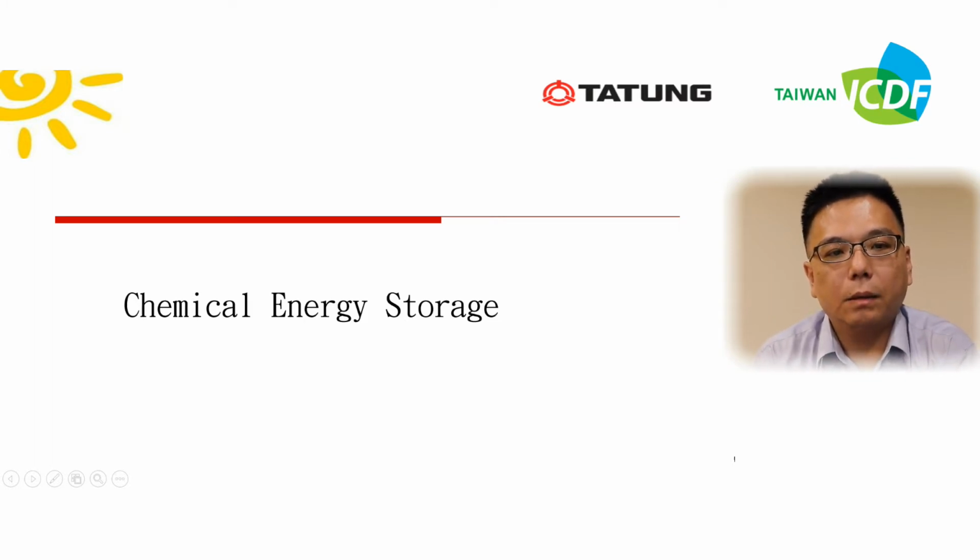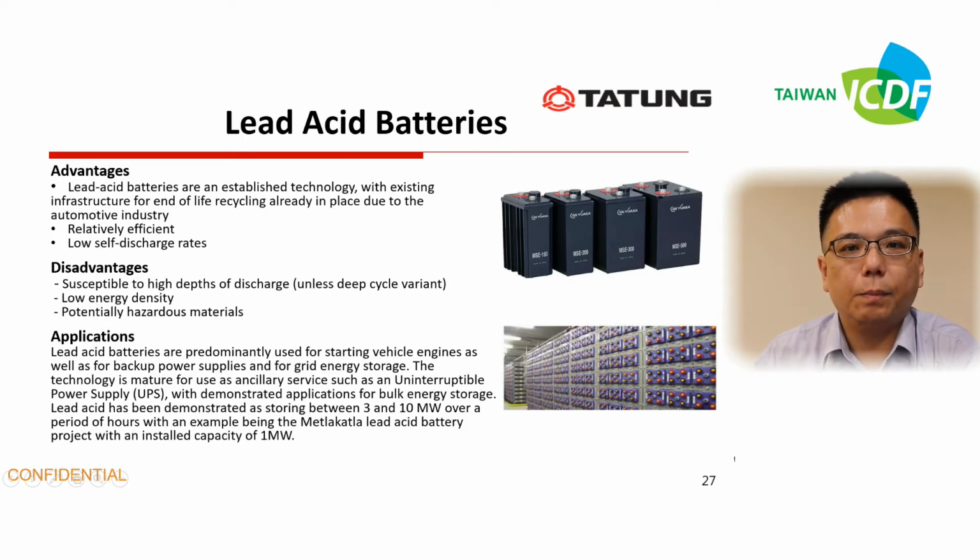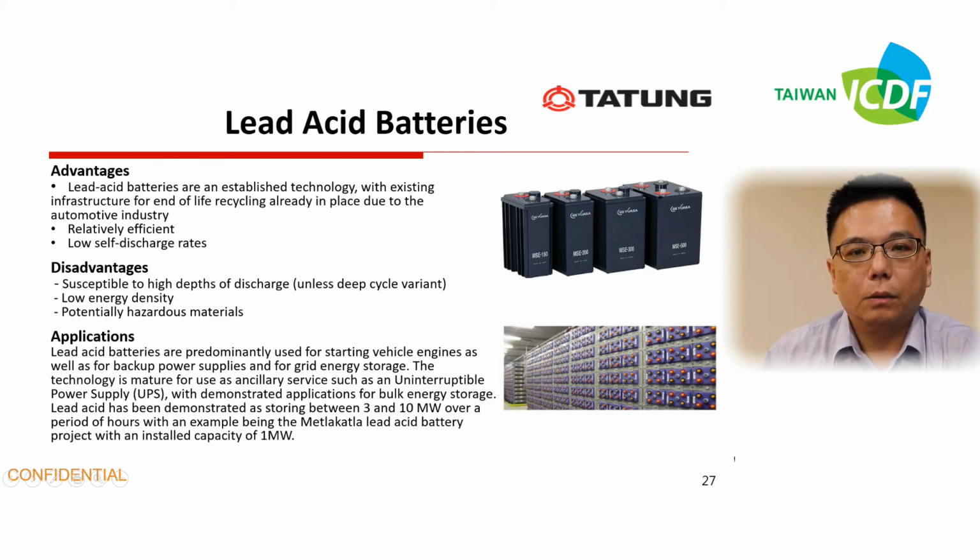And the next, the second kind is the electrochemical energy storage system. One is the lead acid battery. We always use this battery in, for example, the automobile, car or bus, and maybe some kind of traditional battery system.